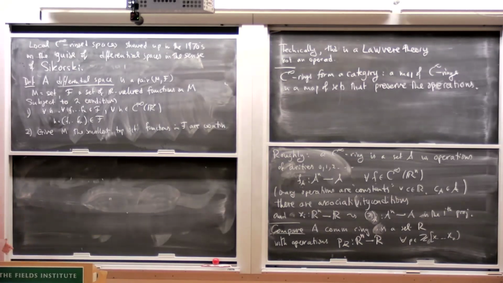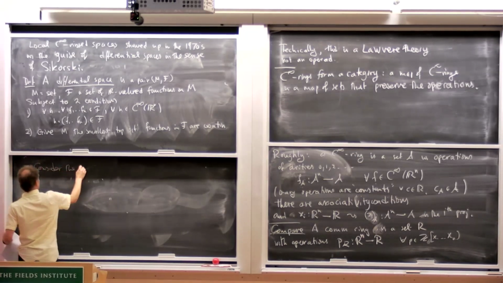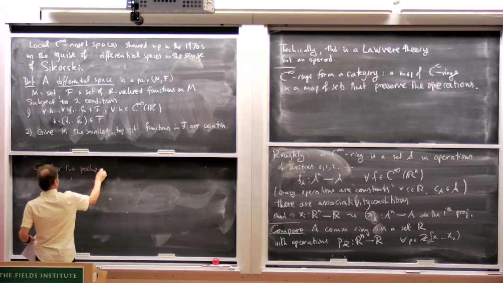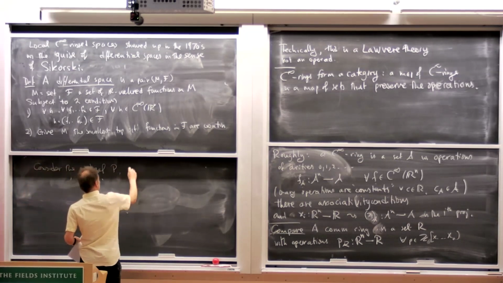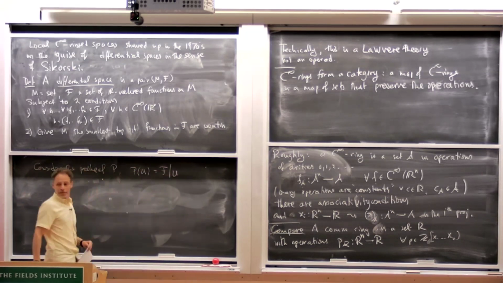Here, you don't know, right? So consider the presheaf P on an open set, which takes the smooth functions and restricts.